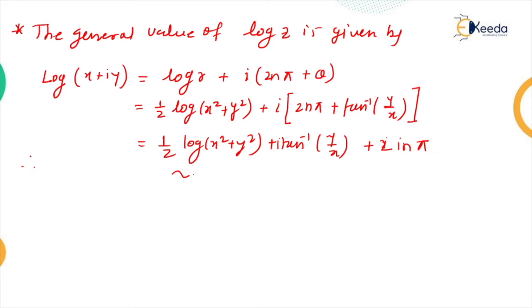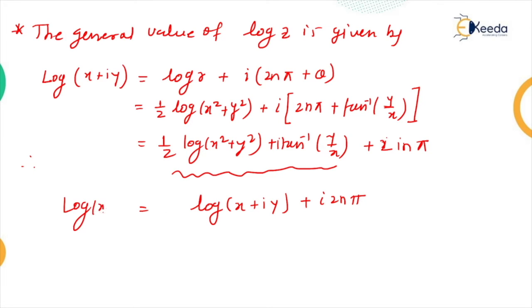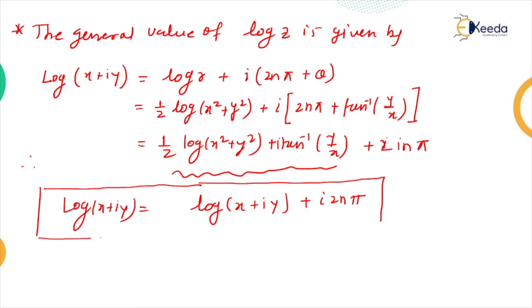Observe this value. This is the principal value of the complex number, log of x plus iy, plus i into 2nπ, and this is the log of x plus iy. So you observe this very carefully: this is also a relation between the principal value and the general value.